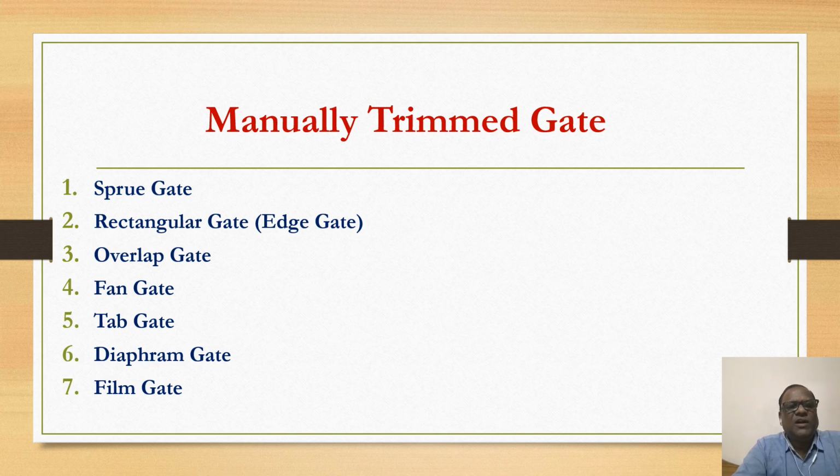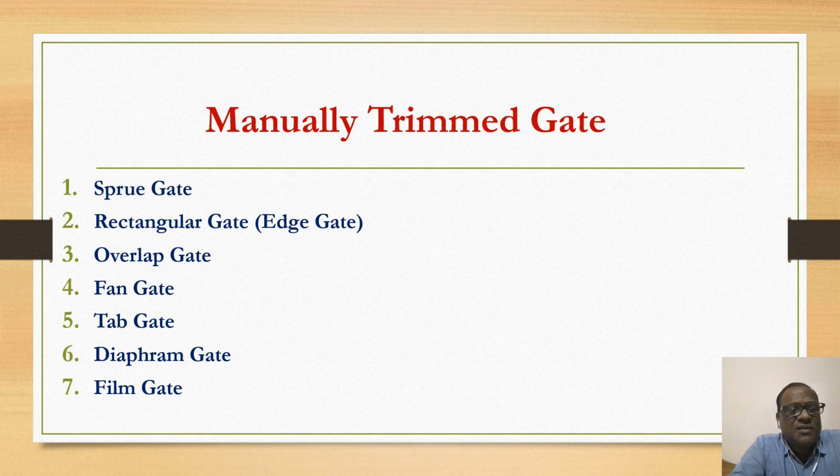One is a sprue gate, another is rectangular gate or edge gate. Third is overlap gate. Next are fan gate, tab gate, diaphragm gate, and film gate. These are a few of the names which come under the category of manually trimmed gate.